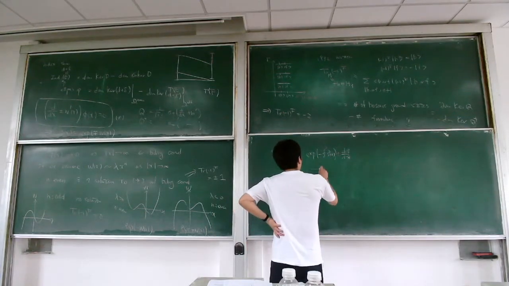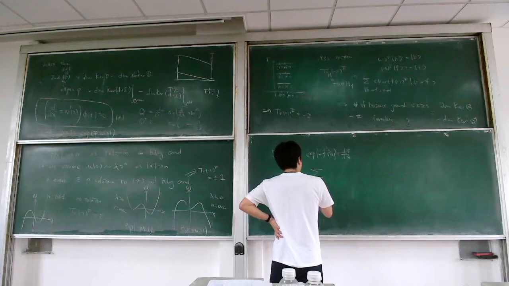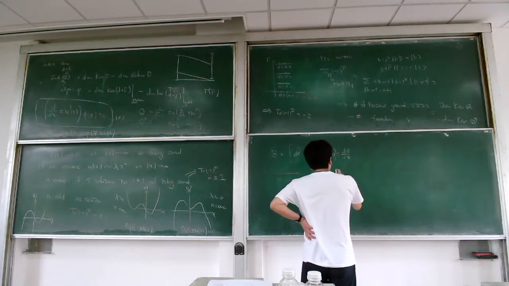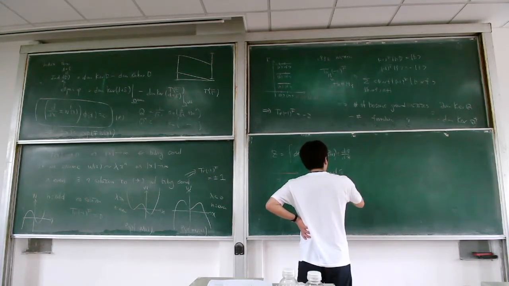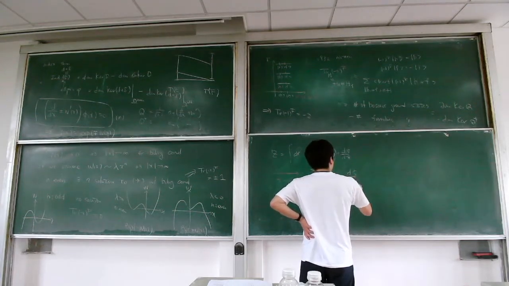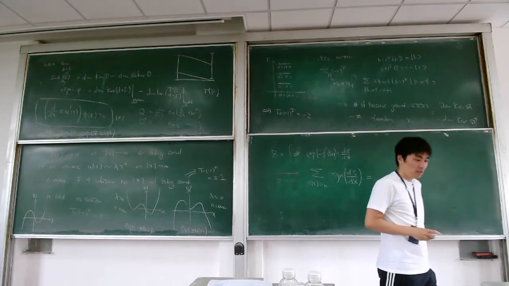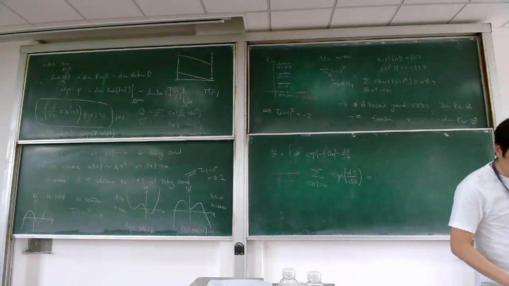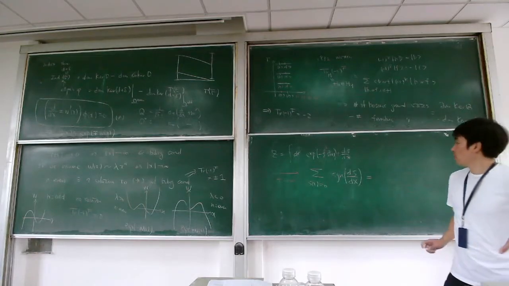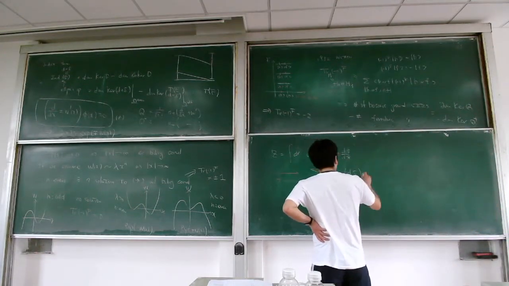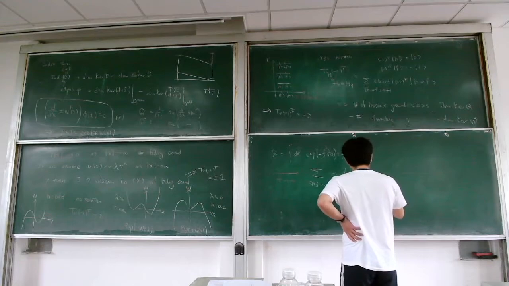So what we saw is that everything localizes to sx equal to 0, such that the sum over the sign of ds over dx at the point xi. Okay?